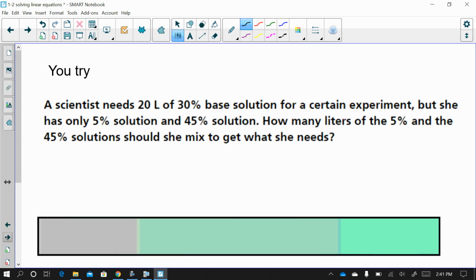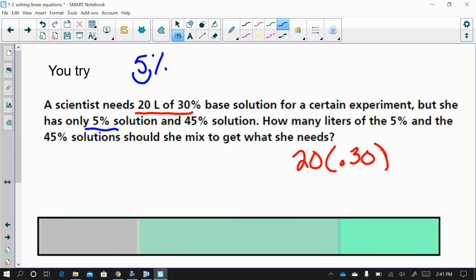Okay, your turn. Please pause the video and try. Okay, so again, I'm going to start with what I need. I need 20 of the 30%, so 20 times 0.30. Now I'm going to start with the 5%. Okay, 5%, remember move it twice, once, twice, so it's 0.05. And I'm going to call that x.